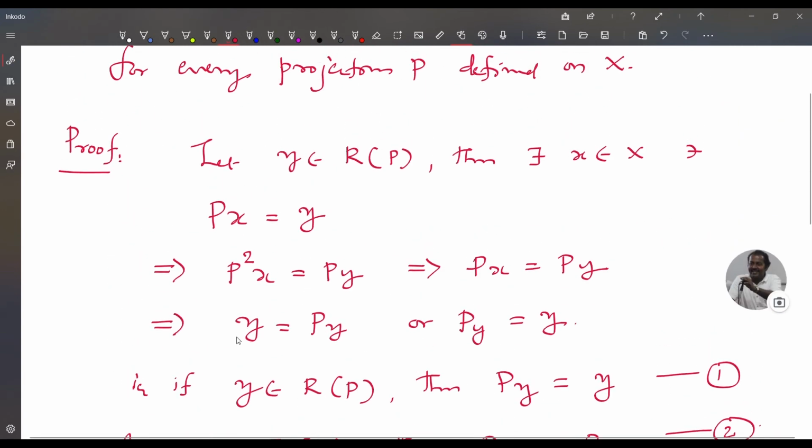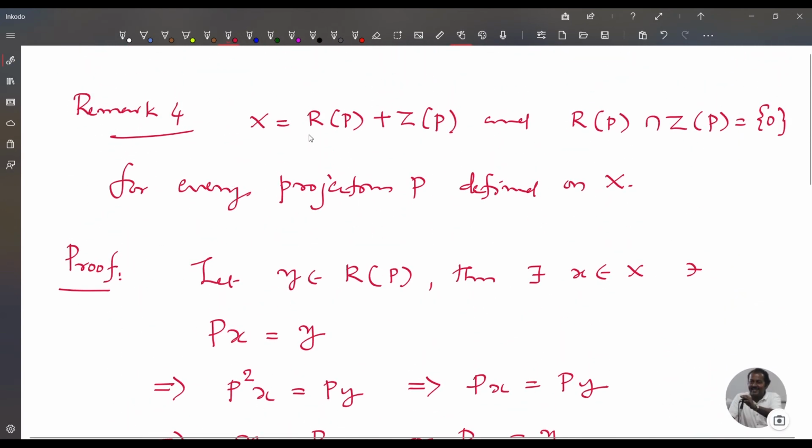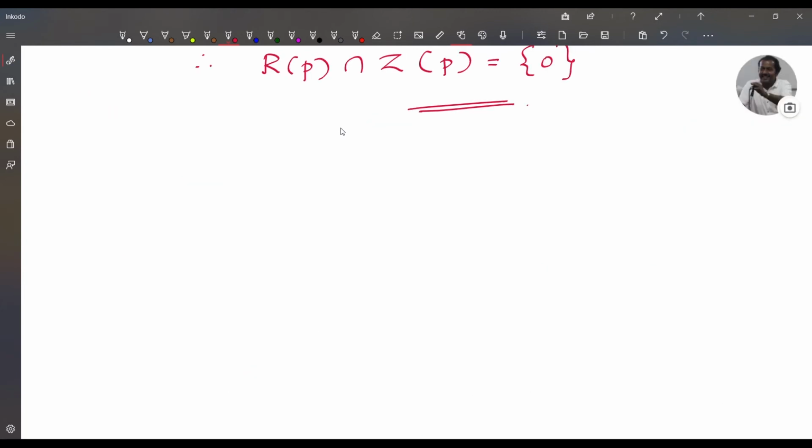We are going to show that any element x in X can be written as the sum of two elements: the first belongs to the range of P and the second element belongs to the 0 space of P. So let x belong to X, and we have x equal to I of x, that is equal to P of x plus I of x minus P of x.